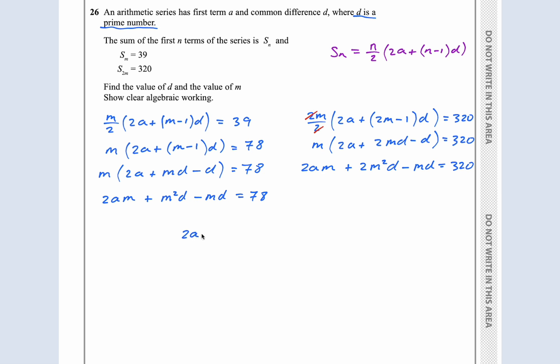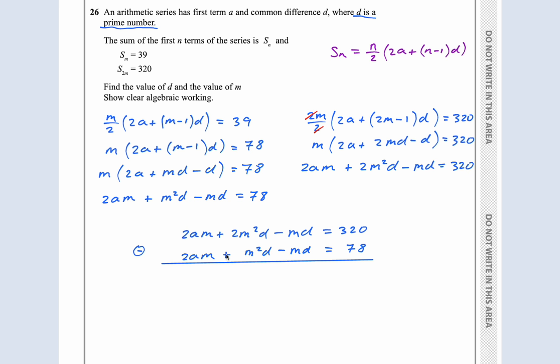There's 2am plus 2m squared d minus md equals 320. And here 2am plus m squared d minus md equals 78. I'm going to put a line underneath, and because the ones I want to eliminate have the same sign, I'm going to subtract.